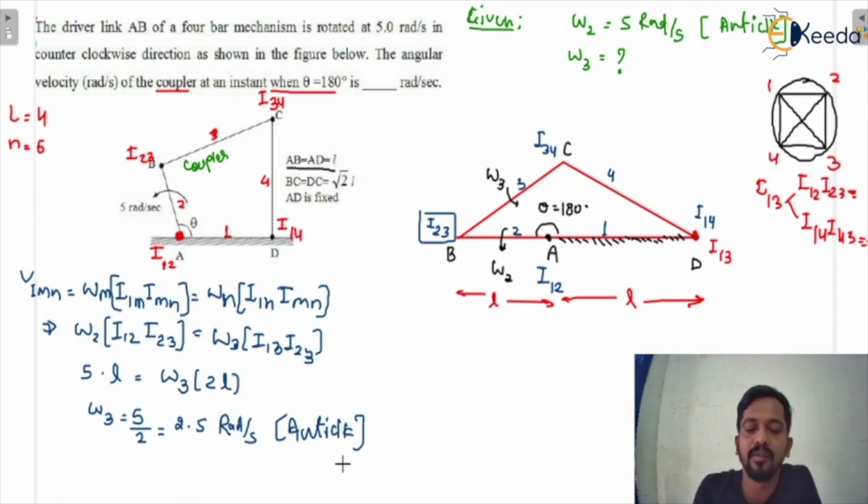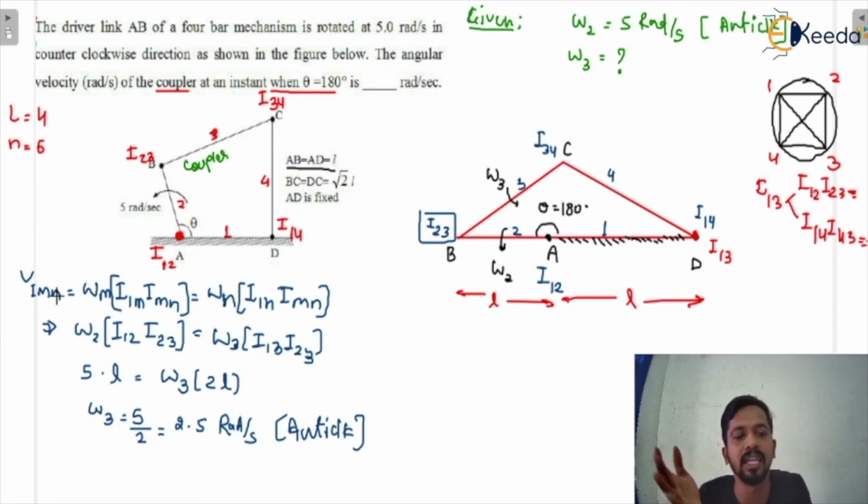Now let me remind you of the important points in the question. First you have to know how to draw the instantaneous centers, and how to find the remaining instantaneous centers. That means I13 and I24 we have to calculate using the circular method. After locating the instantaneous centers on the mechanism, you have to apply the theorem of angular velocity. What does the theorem of angular velocity say?